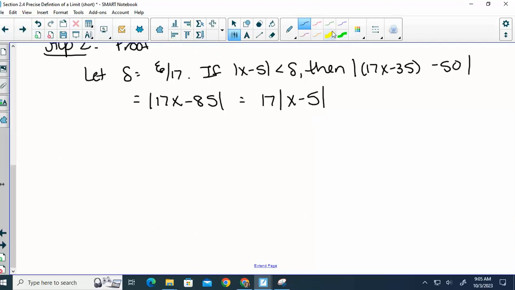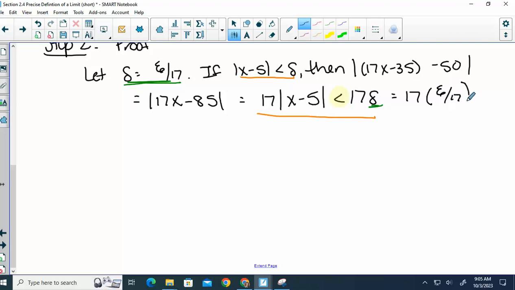But if we know already that the absolute value of x minus 5 is less than delta, then we could say 17 times the absolute value of x minus 5 is less than 17 delta. So there's my less than that we needed. Now all we need is an epsilon, but we already said delta is epsilon over 17. So replace your delta with epsilon over 17, and we get the epsilon.